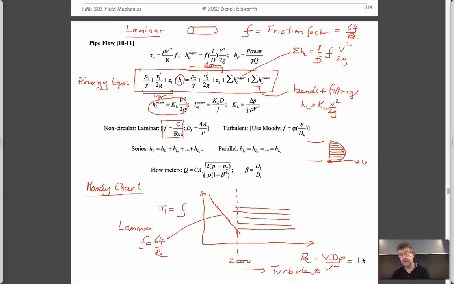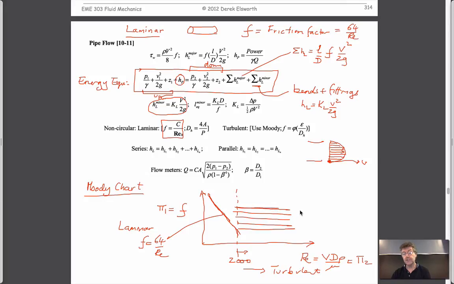If this was our second pi group, then we just have one relationship which would uniquely define our whole system. It turns out that once we get into this turbulent regime, beyond, say, a Reynolds number of 2000, then all of a sudden we get a whole bunch of other relationships.